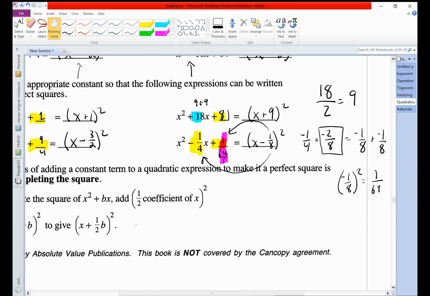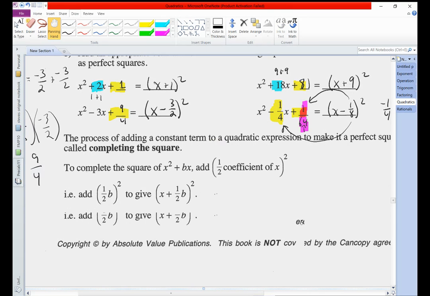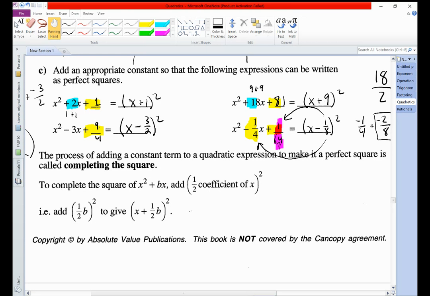So the process of adding a constant term to a quadratic expression to make it a perfect square is called completing the square. There's a little bit of a wordy definition here.